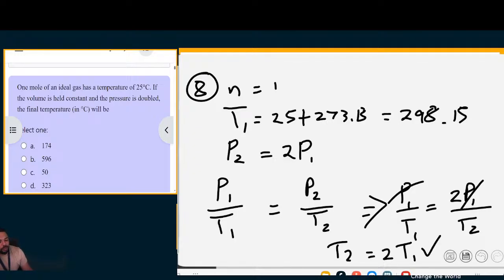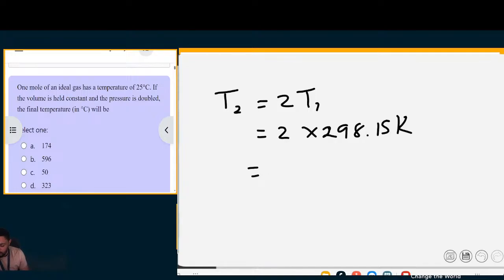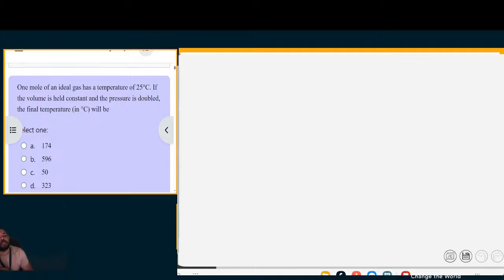We just established that T1 is 298.15 Kelvin. 2 times 298.15 Kelvin gives you 596.3 Kelvin. And that, ladies and gentlemen, is what will happen to the temperature if you double the pressure. It will also double if the volume is constant, according to Gay-Lussac's law.